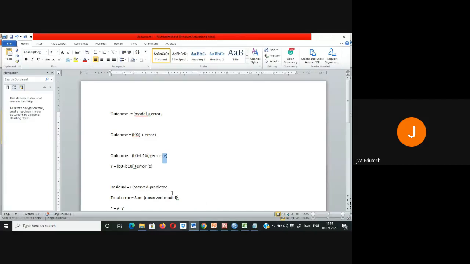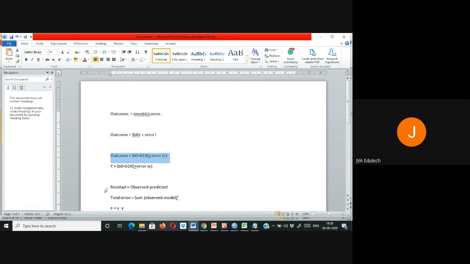Right? Have you got the concept of residual versus total error? This is the basic difference when we write the outcome like this.